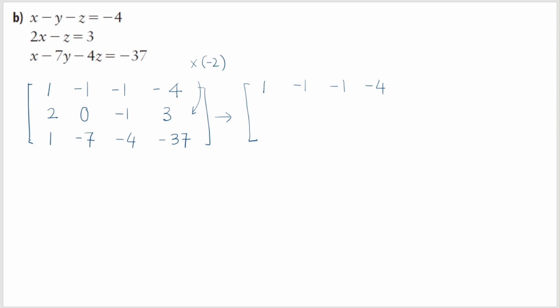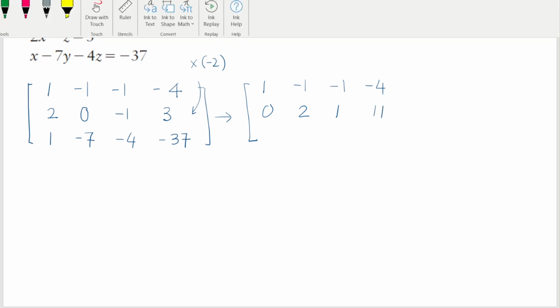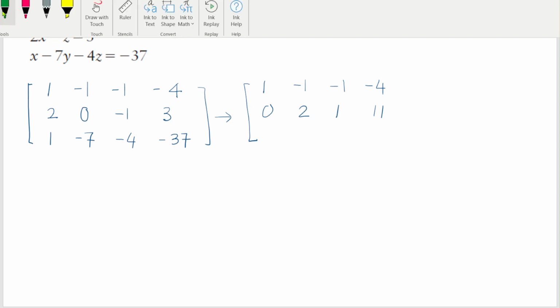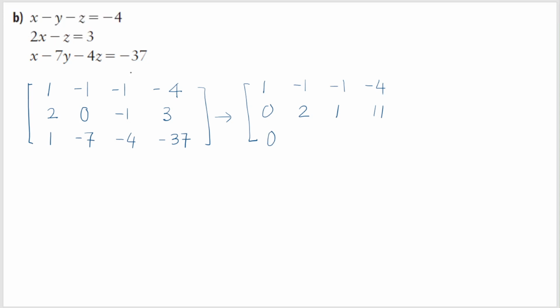The second row becomes 0, 2, 1, 11. Then we can use the first row times -1 added to the third row. The third row becomes 0, -6, -3, -33, right?